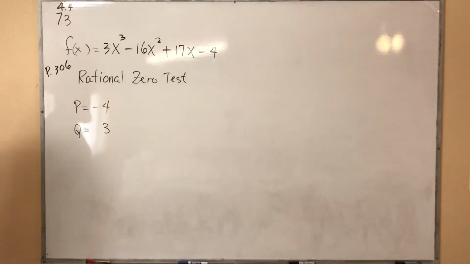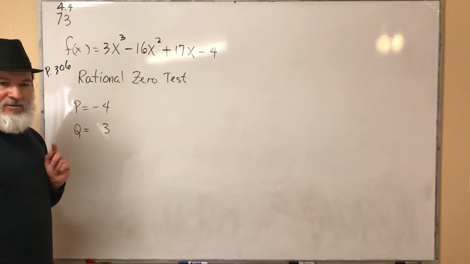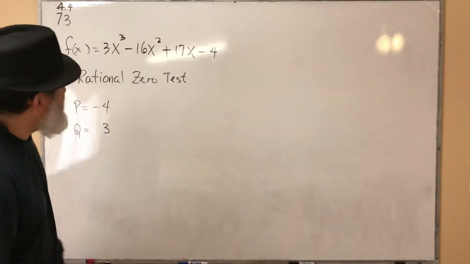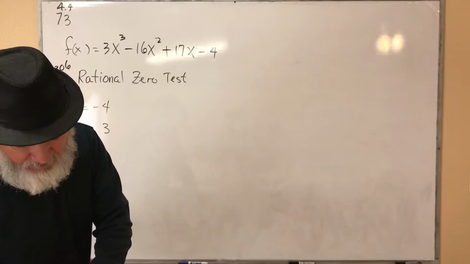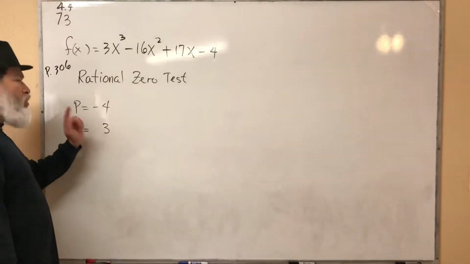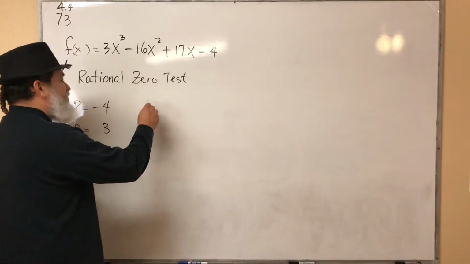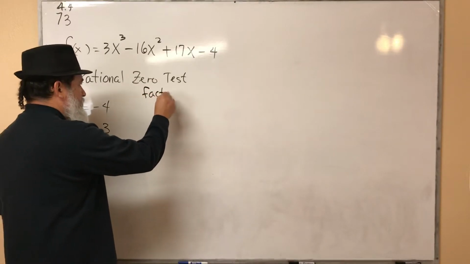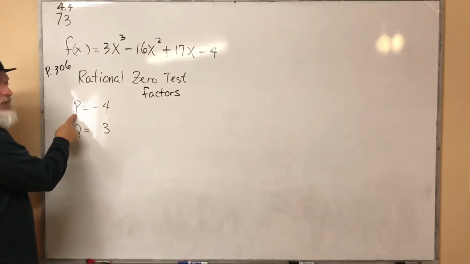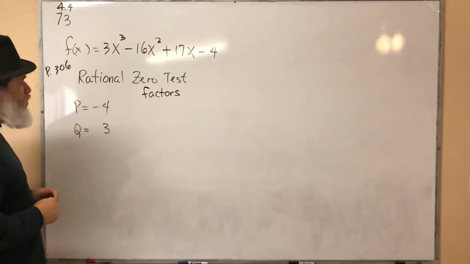We're going to find the factors of P. What are the factors of P? The possible factors of P, or what goes into P, what goes into negative 4?